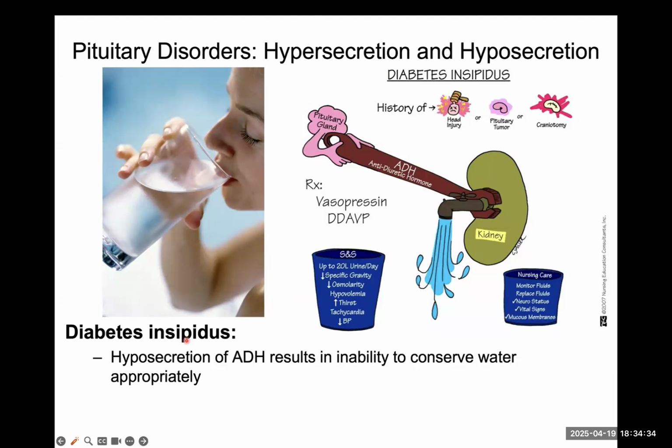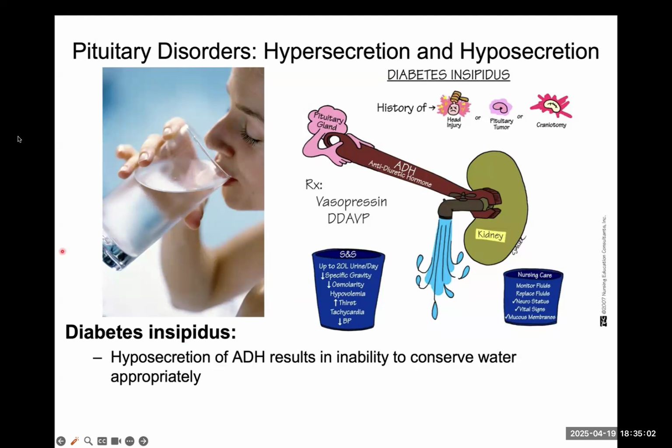If ADH helps you conserve water, and you don't have ADH, that's going to cause you to pee a lot. Peeing a lot will be a symptom of diabetes. If you have blood sugar diabetes, that also causes you to pee a lot. So the word diabetes doesn't mean sugar. The word diabetes means urination.